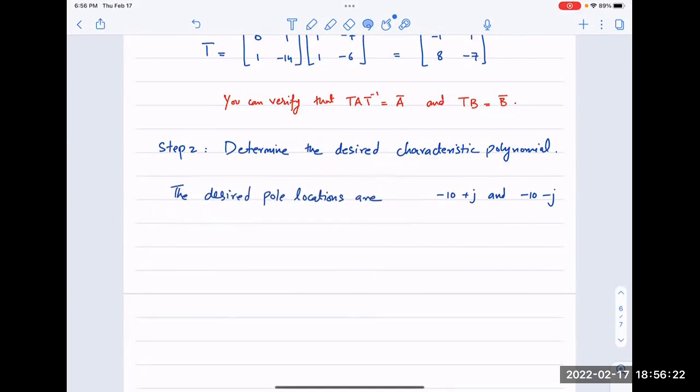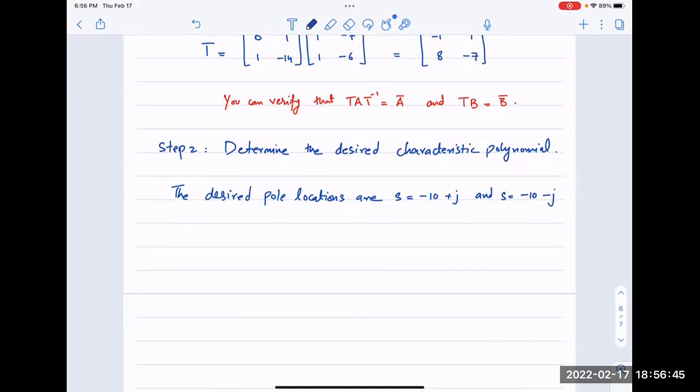Let's write them more clearly here. So the pole locations should be s equals -10 plus j, and s equals -10 minus j.